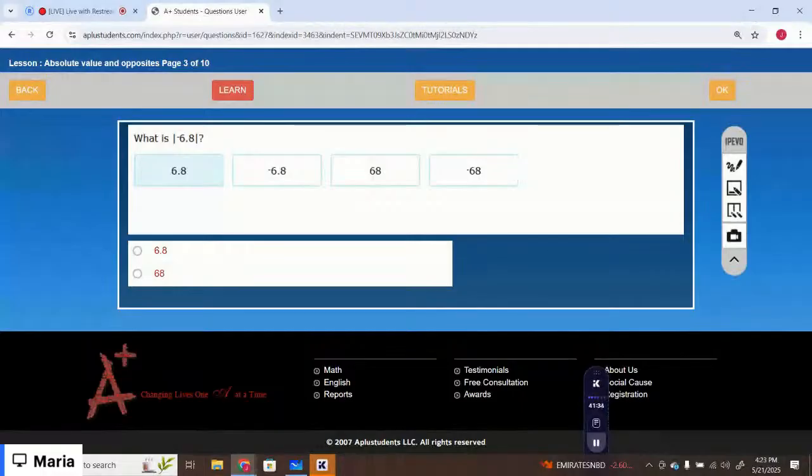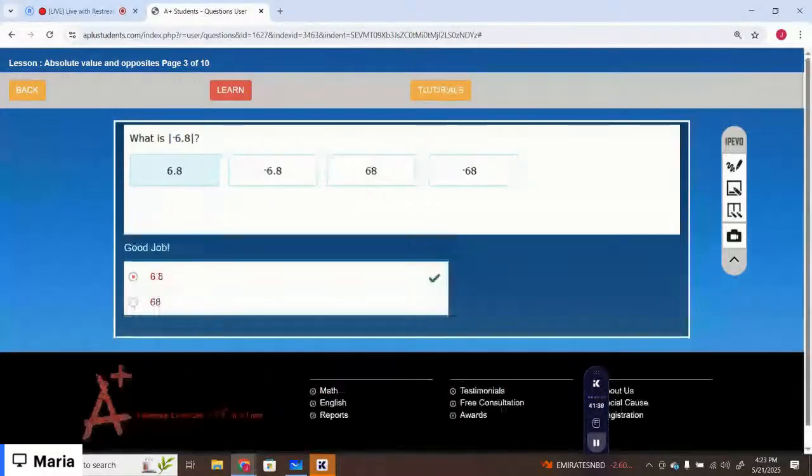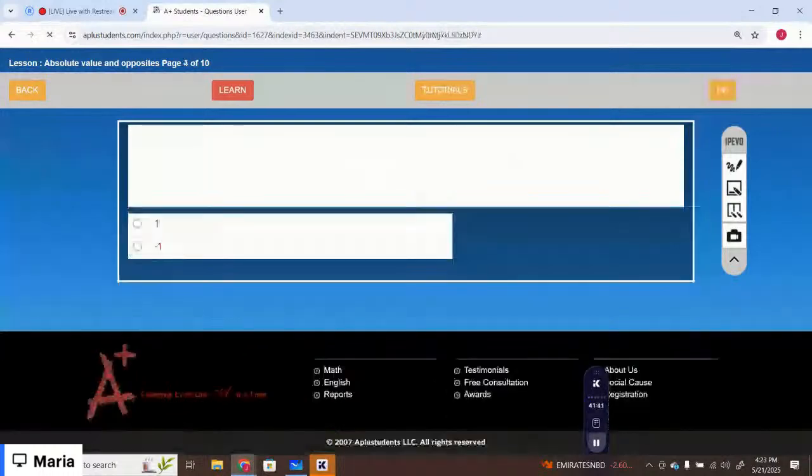The absolute value of negative 6.8 is 6.8. Option number 1 is the correct answer. What is the opposite of negative 1? The opposite of negative 1 is 1. Option number 1 is the correct answer.